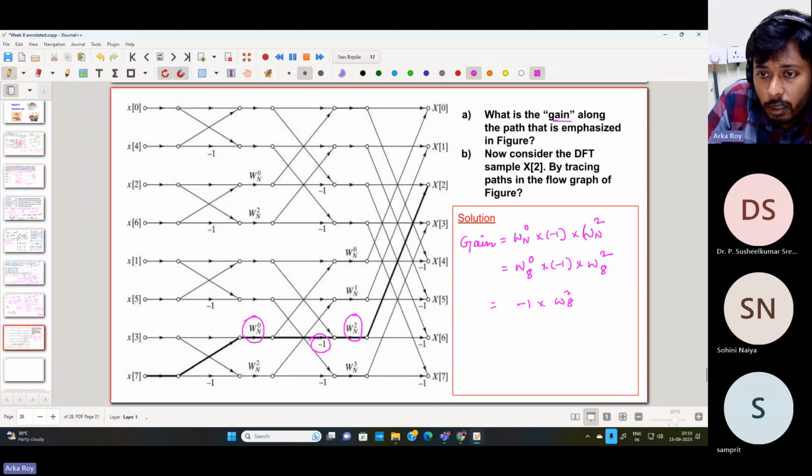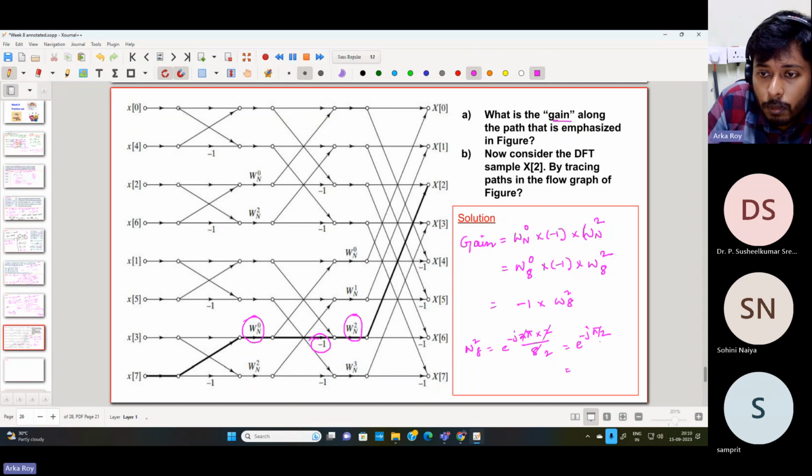And then W28. I can just calculate what is W28: e to the power minus j 2 pi multiplied with 2 and then 8. So that means it will be minus j pi by 2.